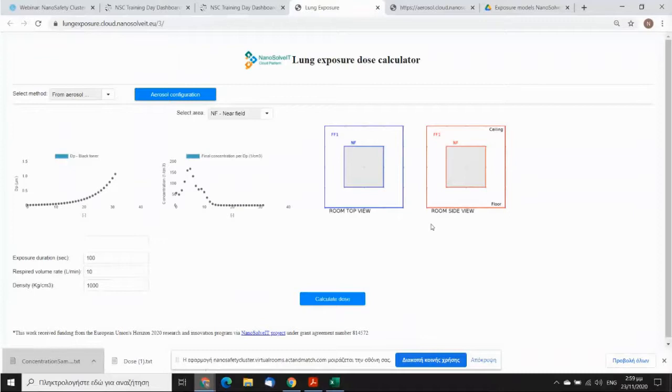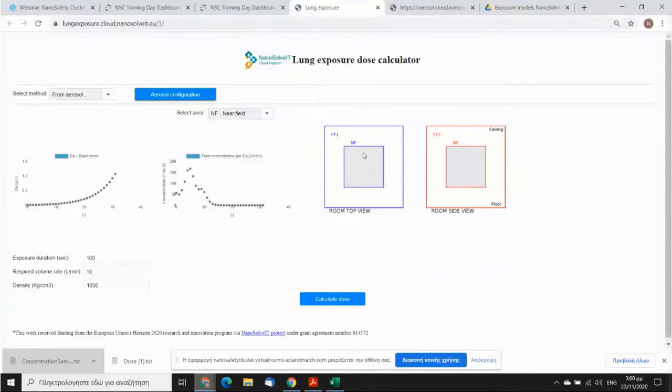When aerosol finishes, it loads up the results. Here you can see the diameter distribution for the black toner that I've used. And this is the final concentration per bin, per nanometer diameter, that was calculated by aerosol. And these are the different regions of the boxes as I defined them in aerosol.